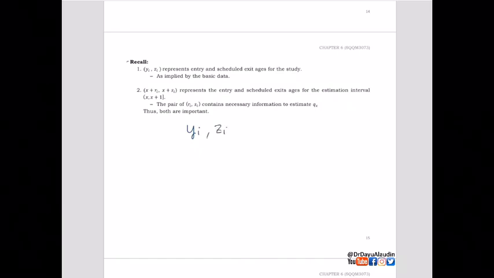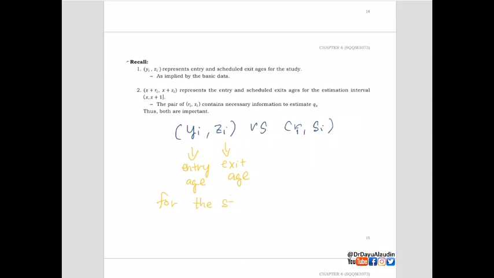So recall Yi, Zi versus Ri and Si. So how do we differentiate between these two? Okay, this is the entry age. This is the exit age, for the whole study, for the whole observation period.